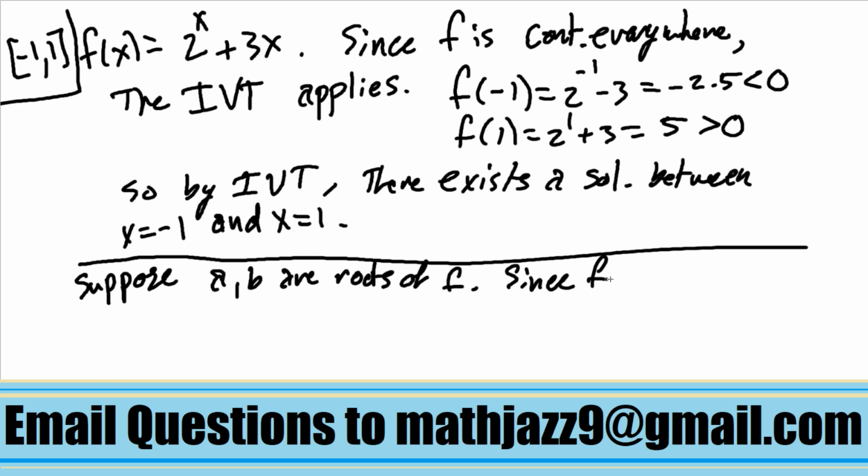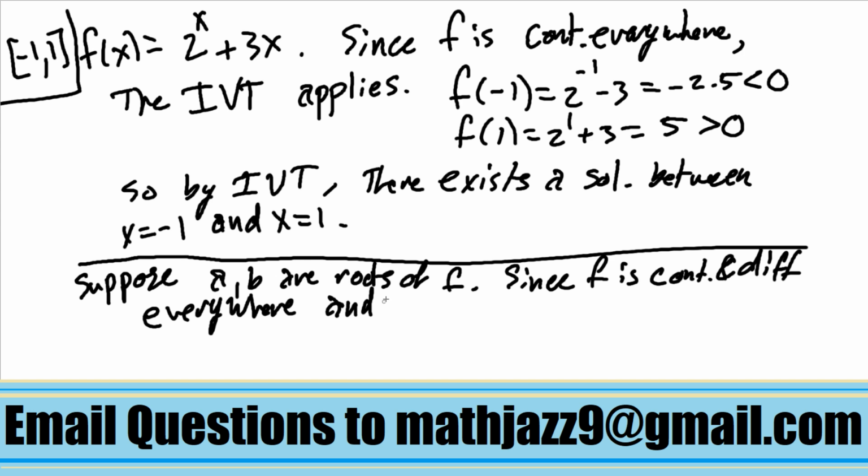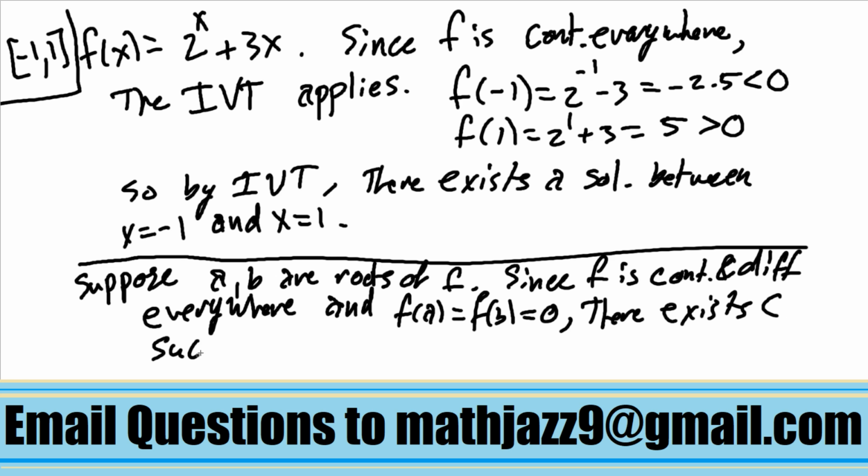Since f is continuous and differentiable everywhere, and f of A equals f of B equals 0, there exists C such that f prime of C equals 0 by Rolle's theorem.